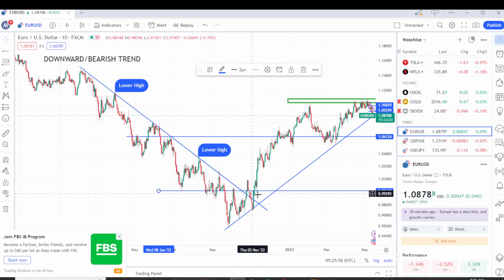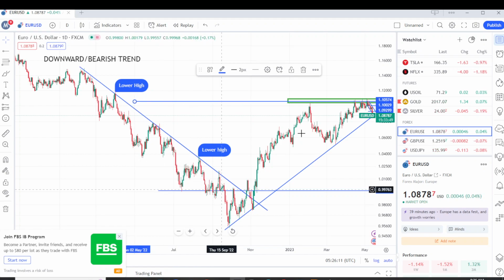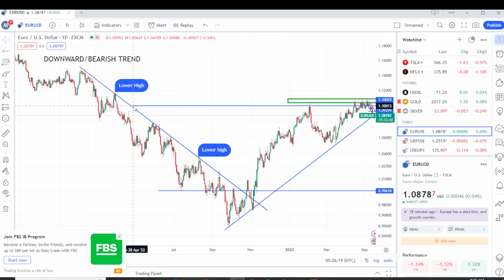And now you will catch this move up to this level here. Imagine. Then when you see as if price wants to retrace back, you can close your trade and wait for another signal.